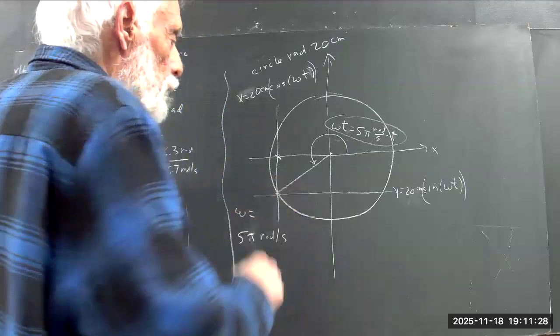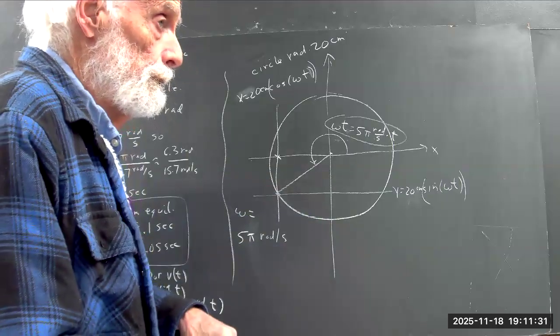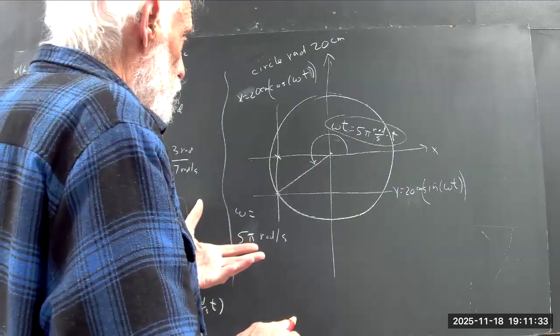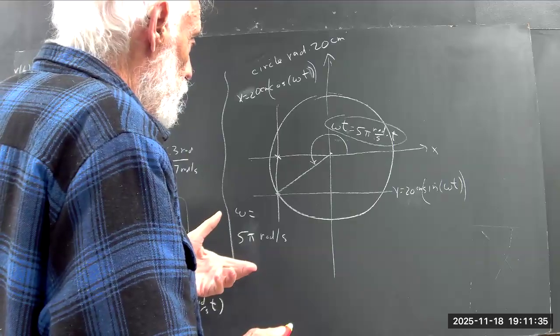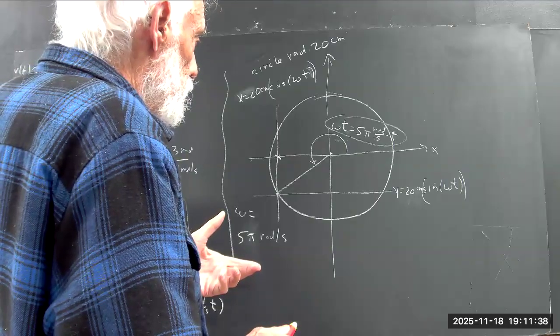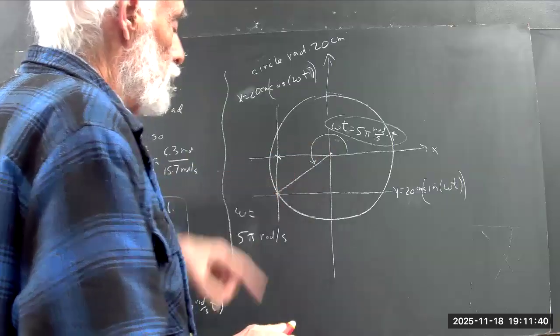What's the speed of this point on the circle? Well, the speed is going to be omega times the radius of the circle.